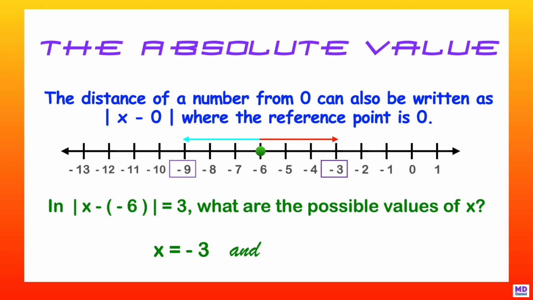So another value of x is negative 9. So the values of x in the equation are negative 3 and negative 9.